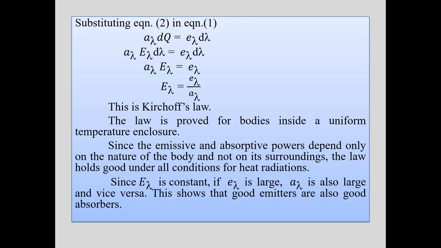And this capital E lambda, the emissive power of a perfectly black body, is a constant. If E lambda is large, definitely A lambda is also large. If E lambda is very small, A lambda will also be small. This shows that good emitters are also good absorbers.